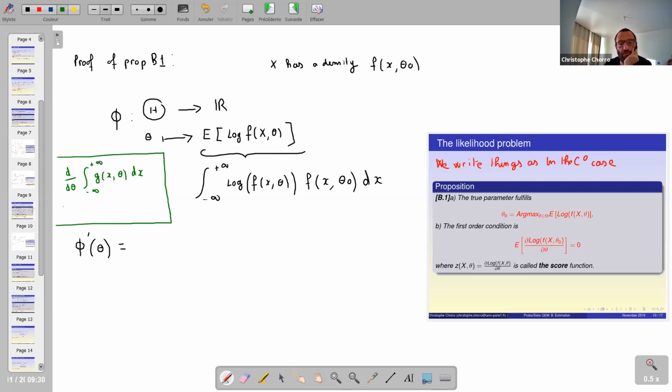So if you want to compute derivatives of integrals, you will always use the fact that the derivative of an integral is just the integral of the derivative. You can invert the position between integrals and derivatives here.